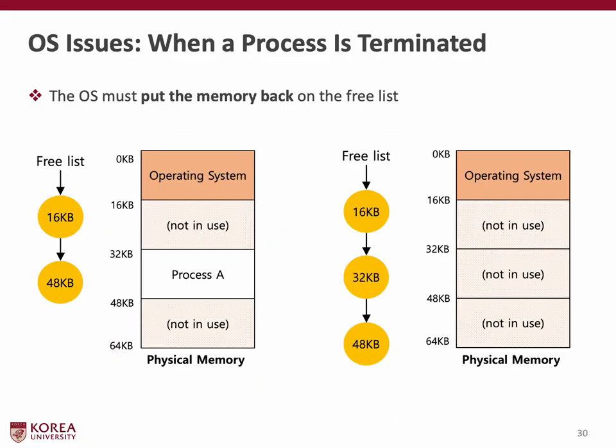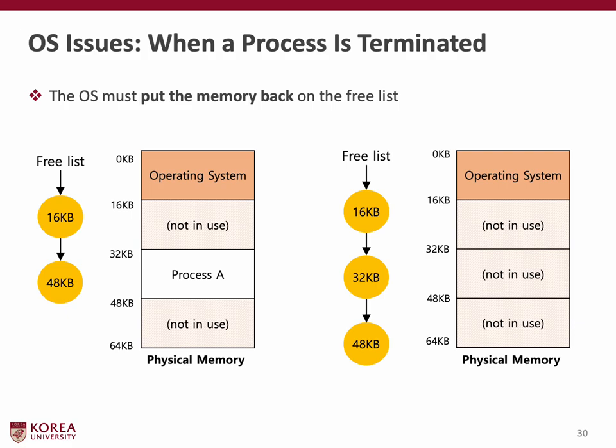Next, let's see what happens when a process finishes. When a process is terminated, the OS must put its memory back onto the free list. That means the physical memory previously used by the process can now be reused for future processes.